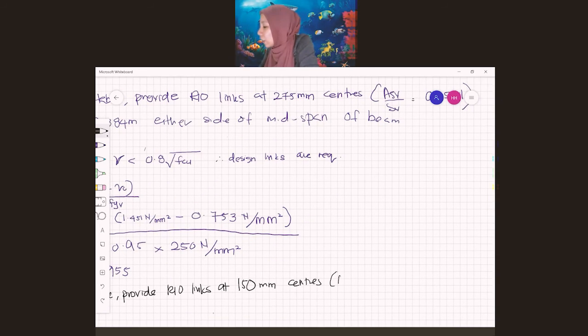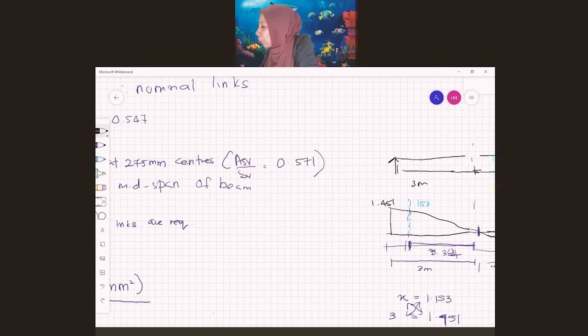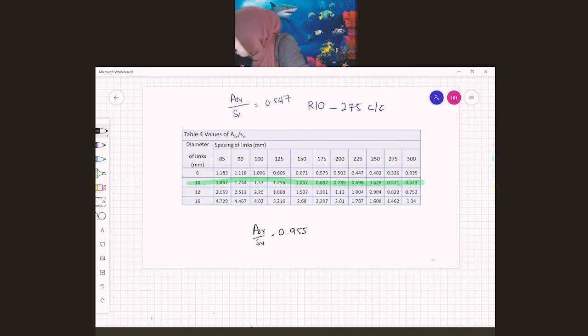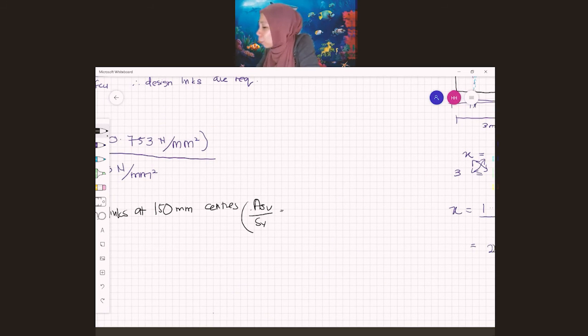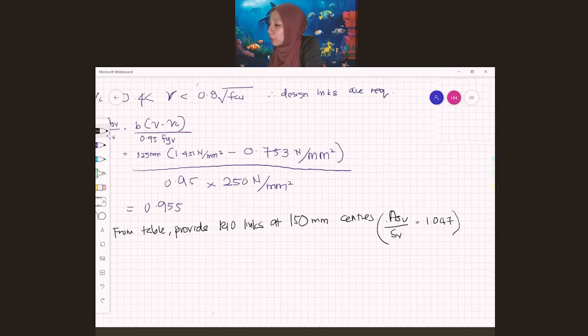Okay, ASV divide by SV is equal to 1.047. Alright.